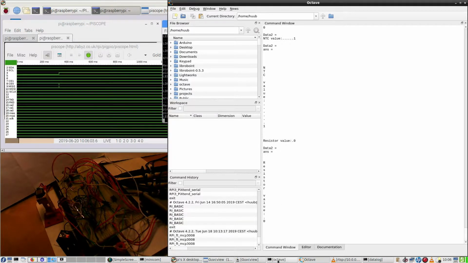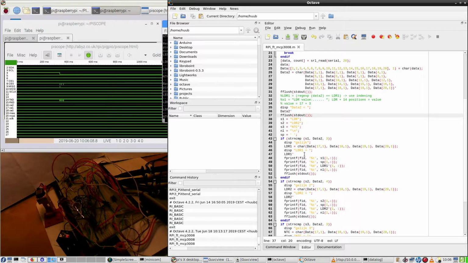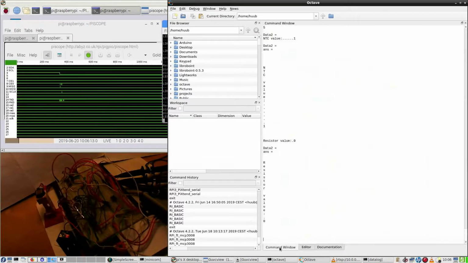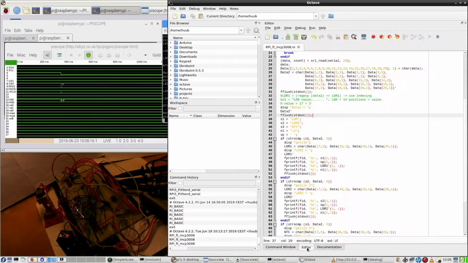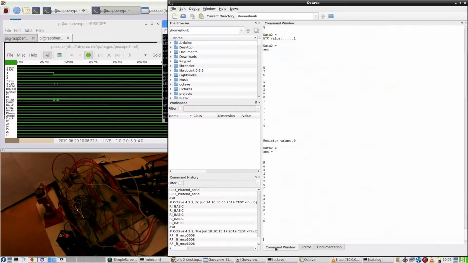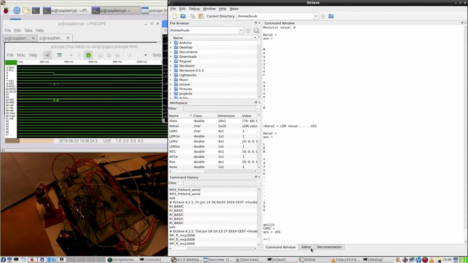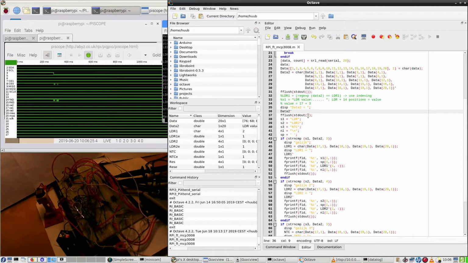Okay, this is not exactly what I meant. Data 2 just printed, and then we get here. Okay, so I wait, I quit, and I remove this one. So this should be better.